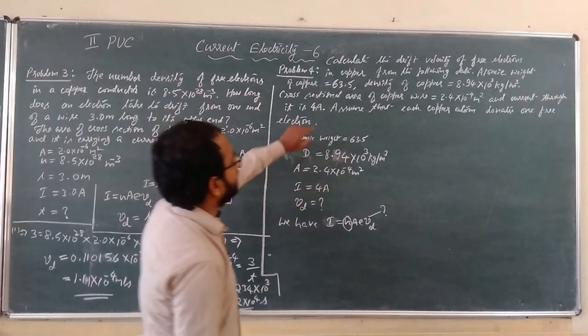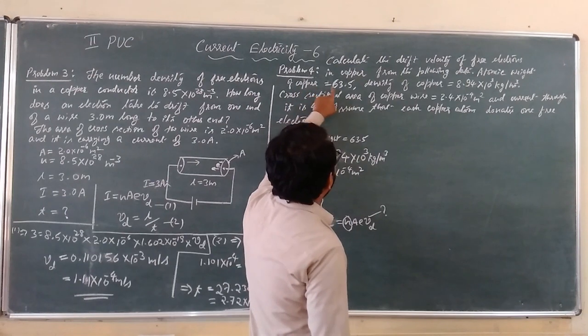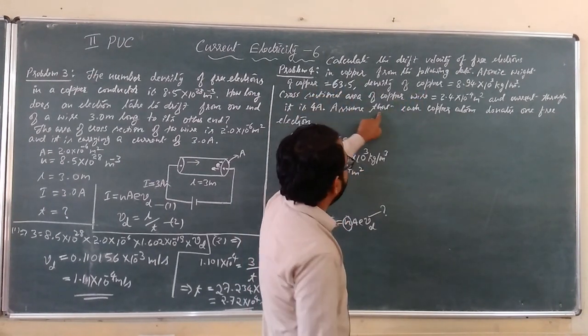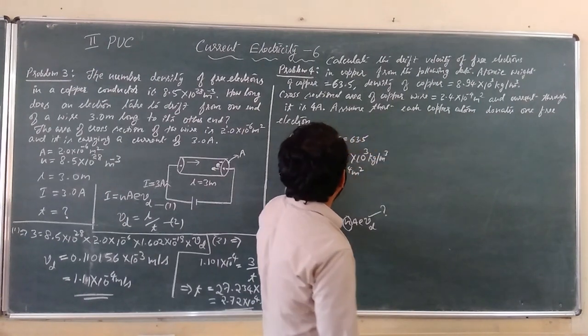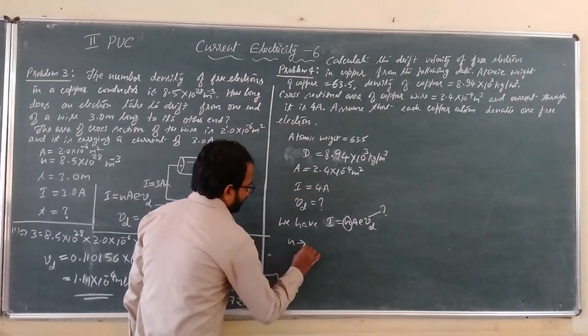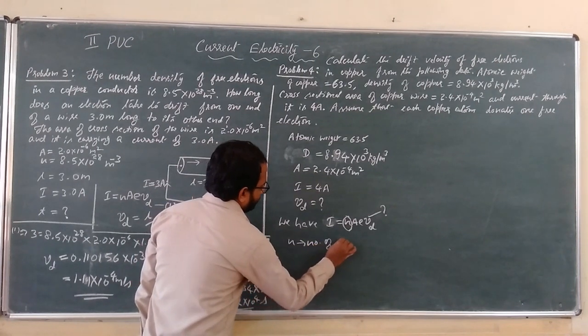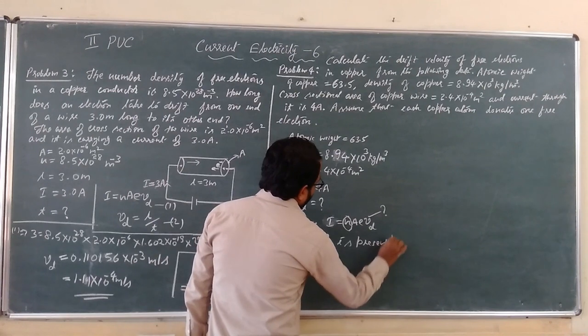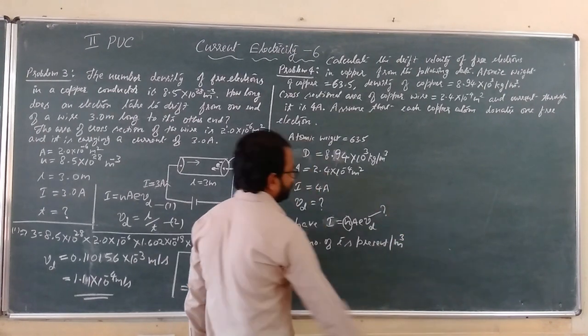One hint is given: atomic weight of copper is this much, density of copper is this much. Assume that each copper atom donates 1 free electron. What is number density n? It is the number of electrons present per unit volume.